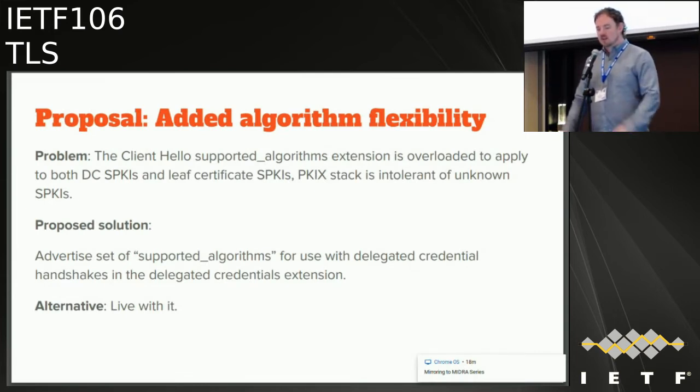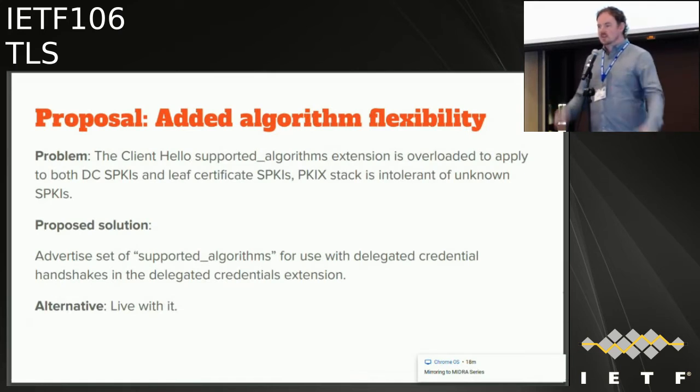The specific use case here is, say you advertise support for the Ed25519 signature scheme as a supported algorithm in delegated credentials, and you support Ed25519 delegated credentials, but your PKI stack does not support extracting the Ed25519 SPKI from the leaf cert.